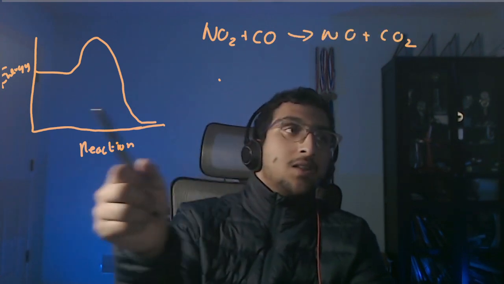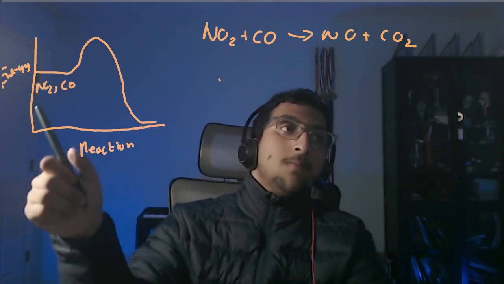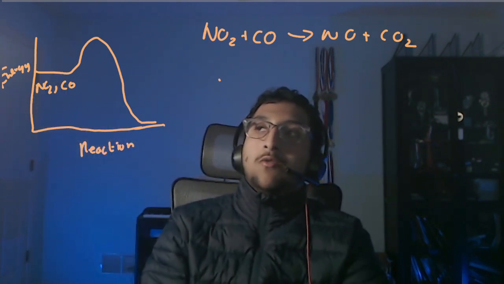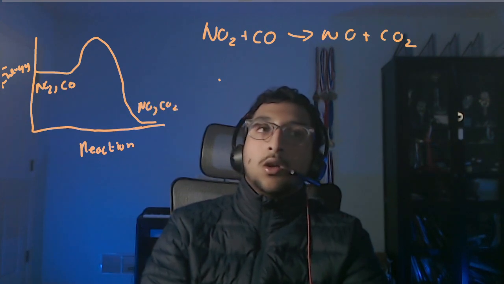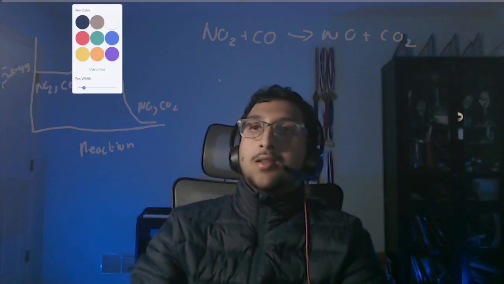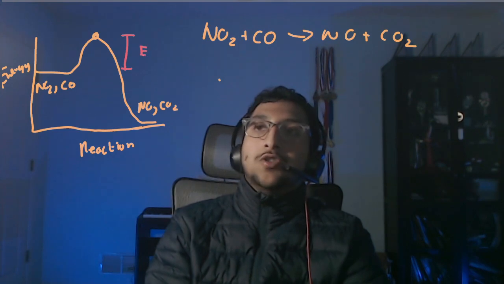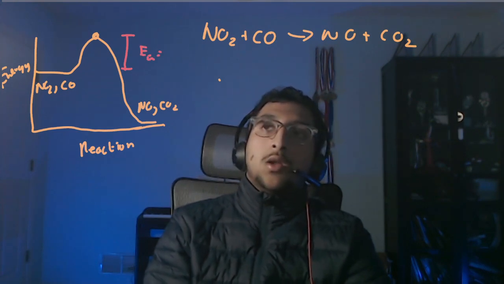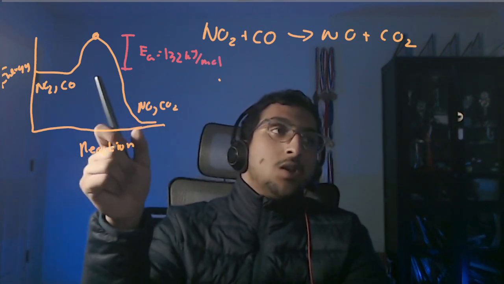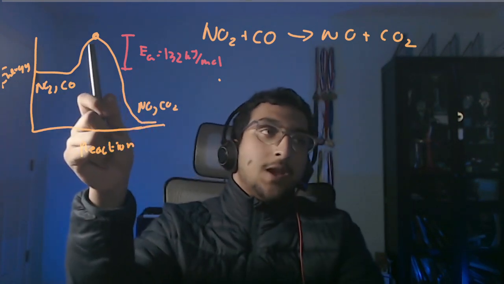So right now at the very start we have the reactants, just NO2 and CO. And there's some minimum energy here, but it's not enough for them to become the products, NO and CO2. So what if we supply the system some amount of energy, and we call this EA, the activation energy? Let's say we give it 132 kilojoules per mole. Those are the units. This is the minimum energy required for a reaction to take place.